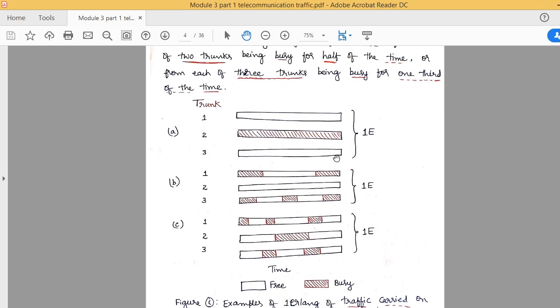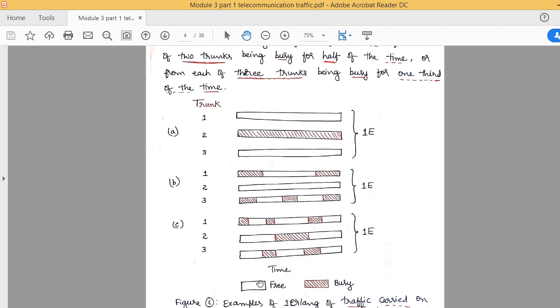So we are making 1 Erlang of traffic pass through these 3 different trunks. If only one trunk is involved in transmitting the entire 1 Erlang of traffic, then we can show it in this figure. Similarly, this 1 Erlang of traffic is distributed over 2 different trunks. Similarly, we can distribute this 1 Erlang of traffic over 3 different trunks.